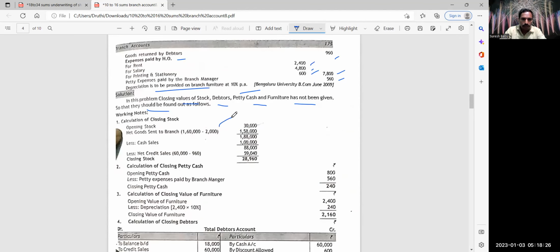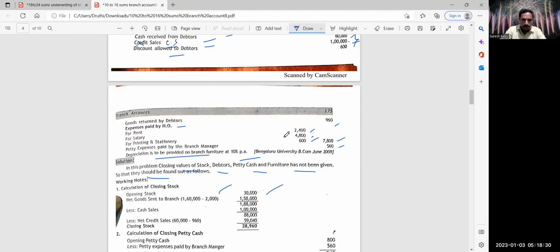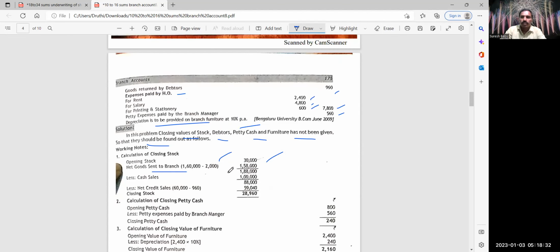So first, working note. Opening stock 30,000. You note it. Plus goods sent to branch 1,60,000 minus 2,000 because this is returns. You get 1,58,000. So total 1,88,000, less cash sales 1 lakh, that is 88,000, less credit sales 60,000 minus 960.